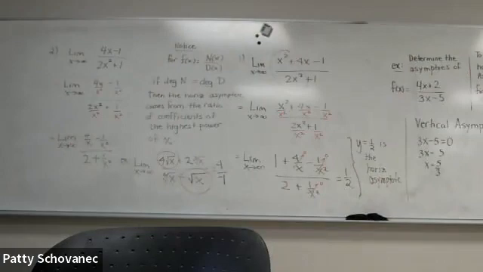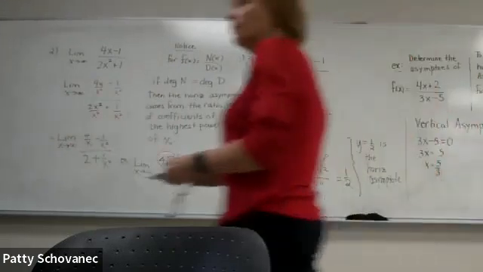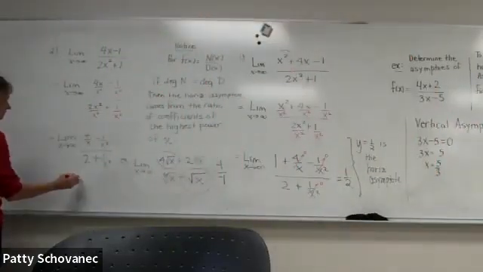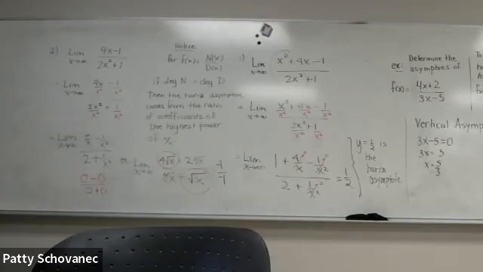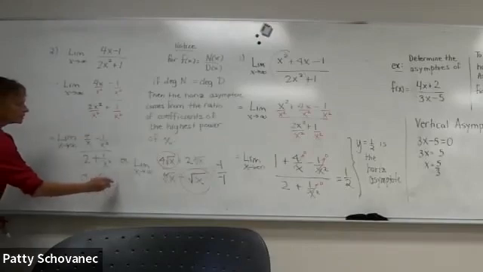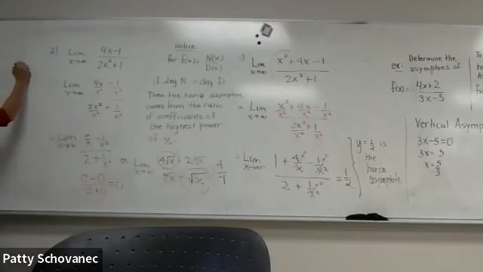So in this reduced expression, those three terms that have the x's on the bottom will go to 0 when x gets big, and we end up with something like 0 minus 0 over 2 plus 0. So dividing into 0 gives me 0, and the line y is equal to 0 is the horizontal asymptote.